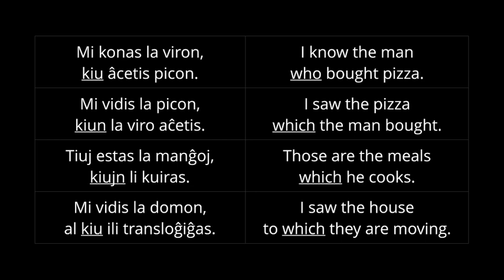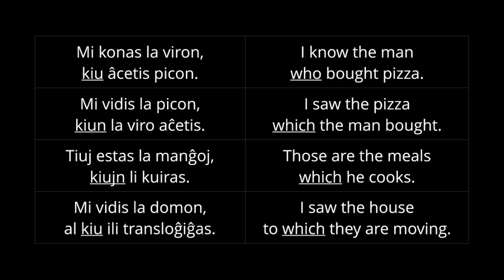"Tiuj estas la manĝoj kiujn li kuiras." So the meals are the object of the clause. He cooks them. So it gets the N, but it also gets the J because it's plural meals. There are multiple meals. There's only one pizza in the second sentence, but in the third sentence, there are multiple meals. So "kiujn li kuiras."